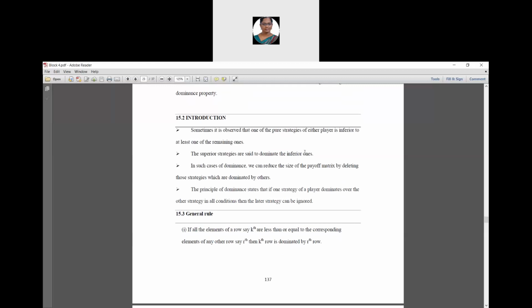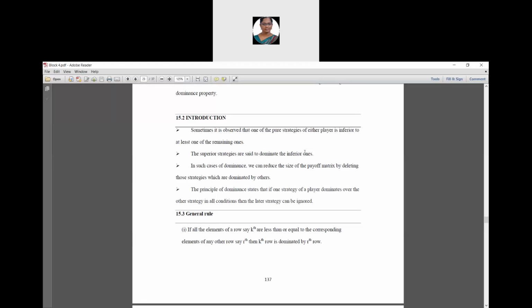Sometimes it is observed that one of the pure strategies of either player is inferior to at least one of the remaining ones. The superior strategies are said to dominate the inferior ones.